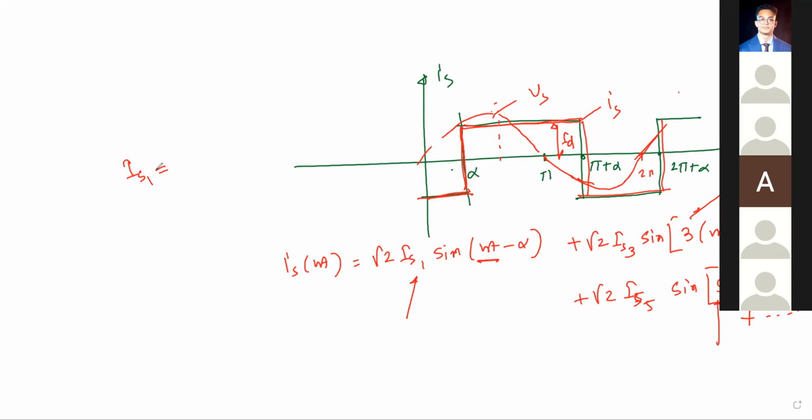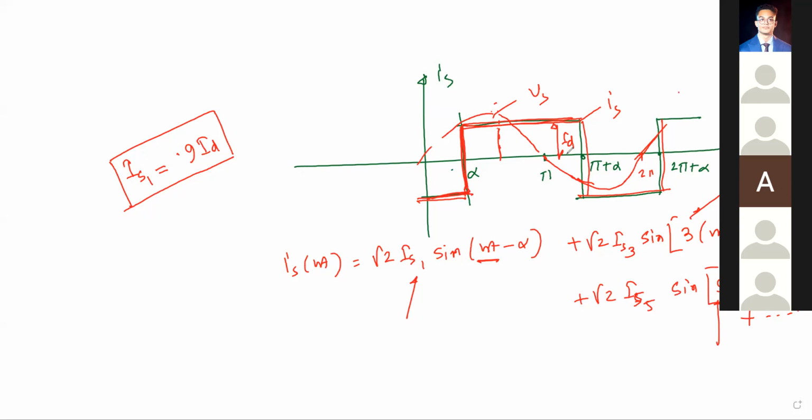Hello? 0.9 ID. Can you remember that? You forget everything. So if you have that rectangular type wave and the peak value is ID, then your fundamental component will have an RMS value of 0.9 ID.